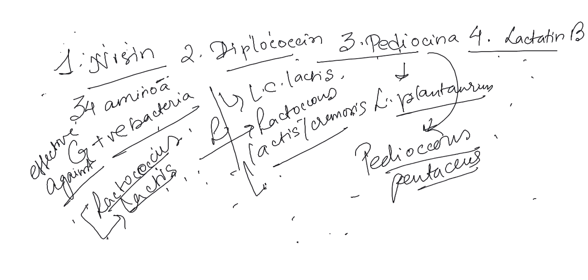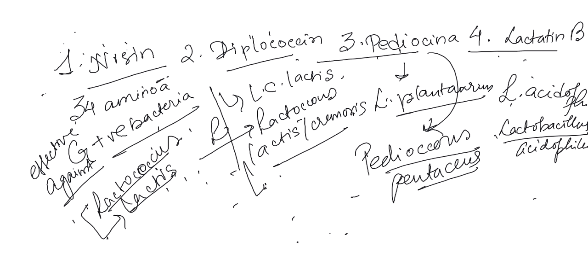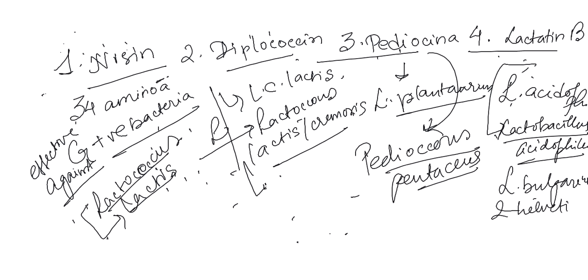Then lactacin B, which is from Lactobacillus acidophilus, the producing organism. It is antimicrobial against Lactobacillus delbrueckii and helveticus. So here, two or three things can be taken.